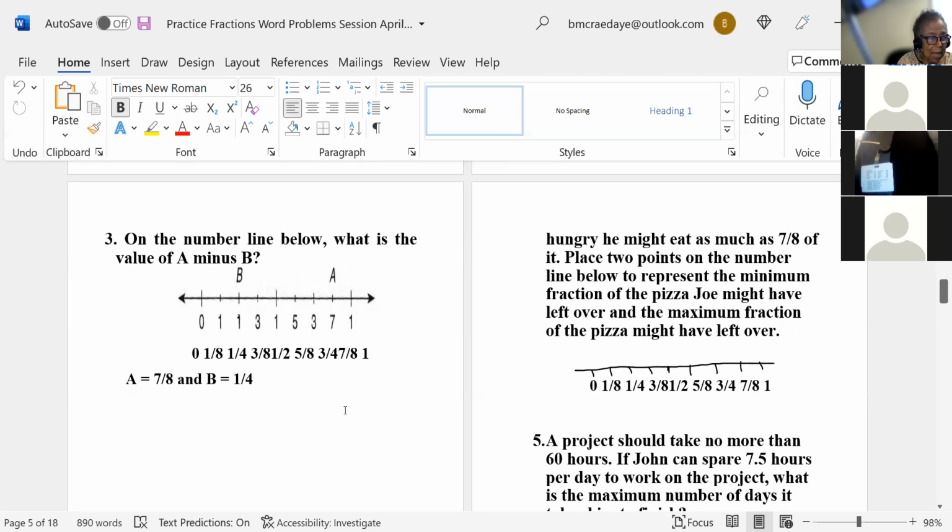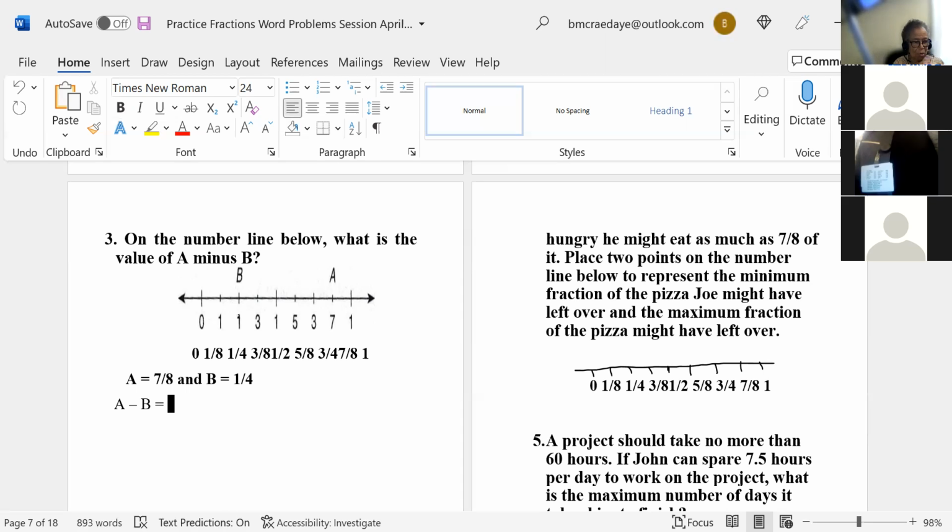Now, Maureen, I said, what is the value of A minus B? A is 7/8, B is 1/4. Maureen, you think you can tell me the answer? I want to know what is the value of A minus B. In other words, that's a subtraction.